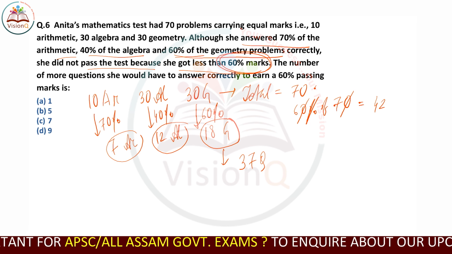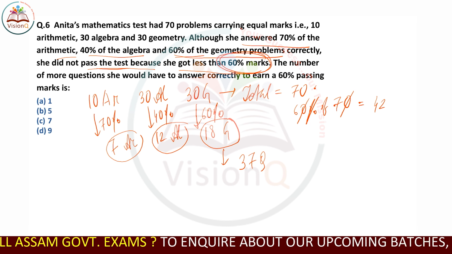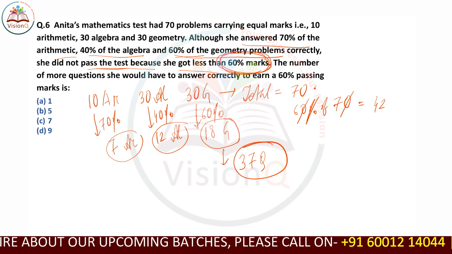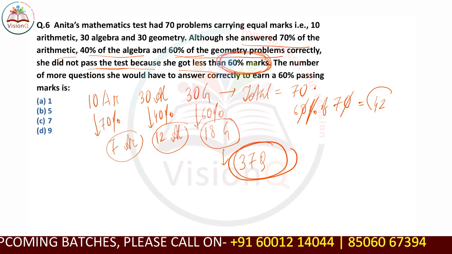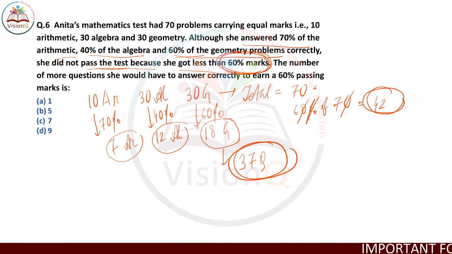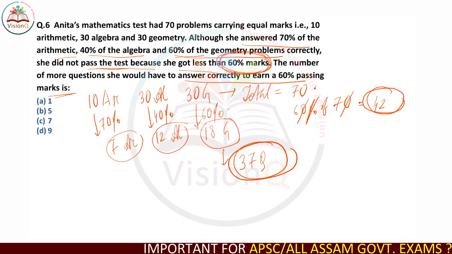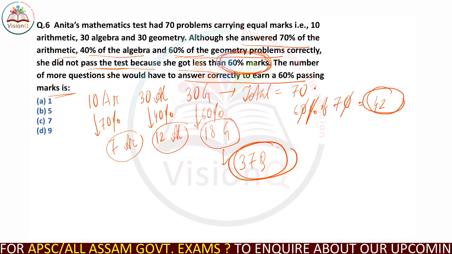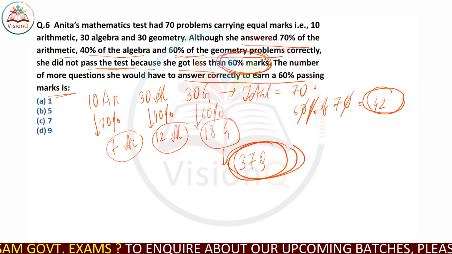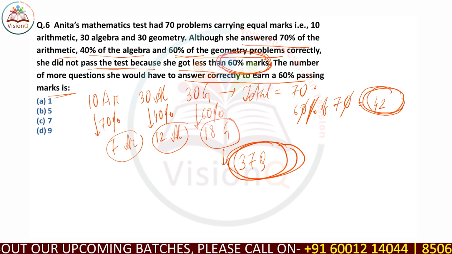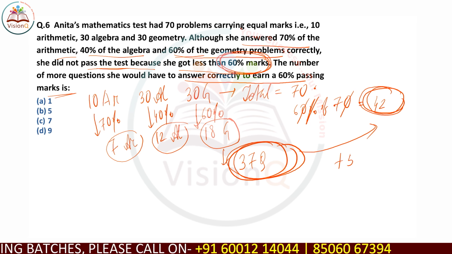But she did not pass the test because she got less than 60% marks. Okay, you can see that this 37 is less than this 42, which was 60% of total marks. The number of more questions she has to answer correctly to earn a 60% passing mark. Okay. I have assumed that every question carries 1 mark. So if she got 37 questions correctly, to get 42 marks, she has to answer how many questions correctly? 5 questions more, isn't it?